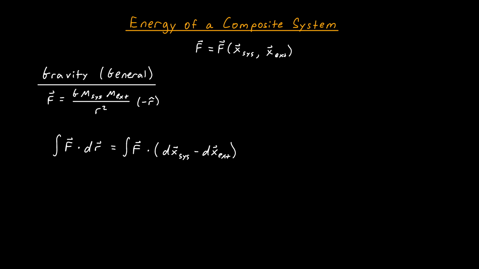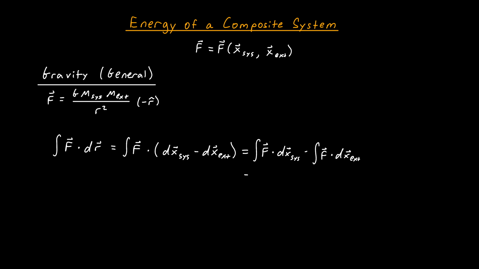Well, we can separate this out into two integrals, right? And we get the integral of f dotted into dx system minus the integral of f dotted into dx external. And if we remember from our last episode that if F is the force on our system, minus F is the corresponding force that our system exerts on the external object by Newton's third law.